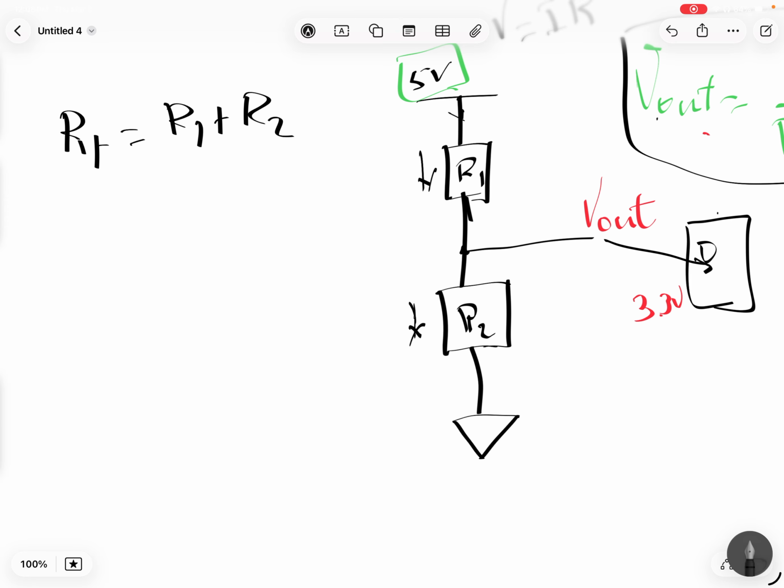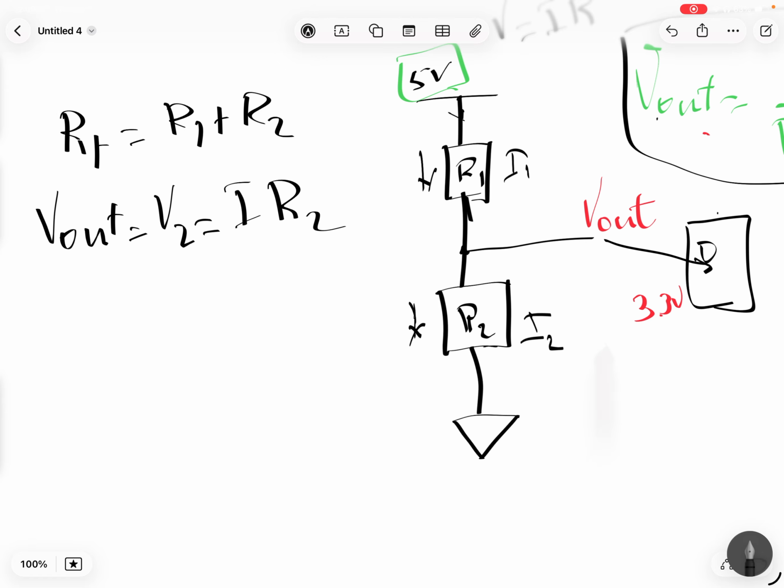Just like that, and V out is the voltage drop across R2. So let's use V out here equal V2, and voltage equals R2 times the current. The current is the same, so here is I1 and then I2. I1 equals I2, since the two are in series. And we know that the total resistance equals R1 plus R2.